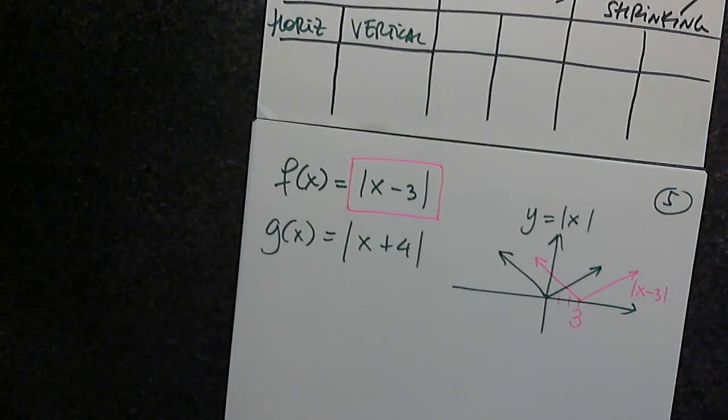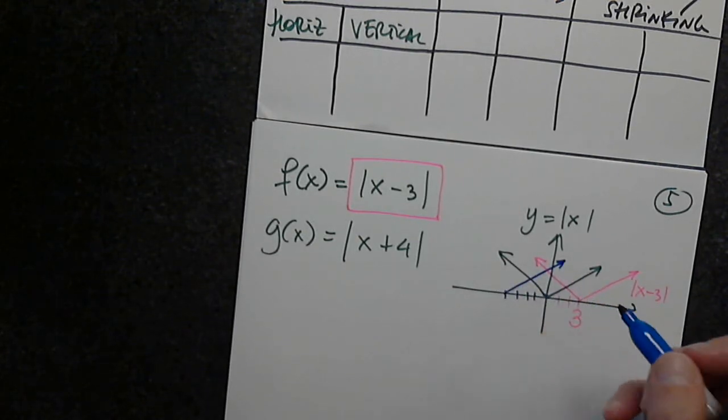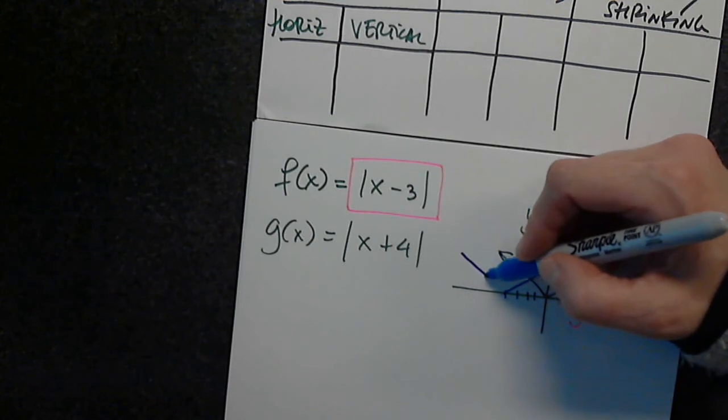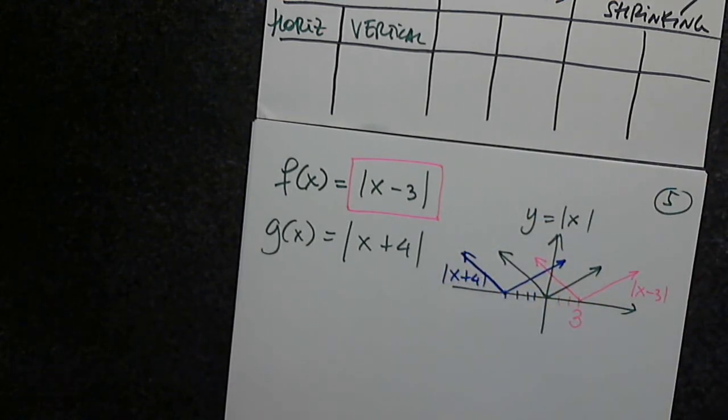I know you're kind of expecting to shift this graph to the left, but no, it's to the right. Because you're looking for where it has the x-intercept. Okay, how will I graph the other one, x plus 4? Where will that have the x-intercept? Correct. Very good. So this is the absolute value of x plus 4.